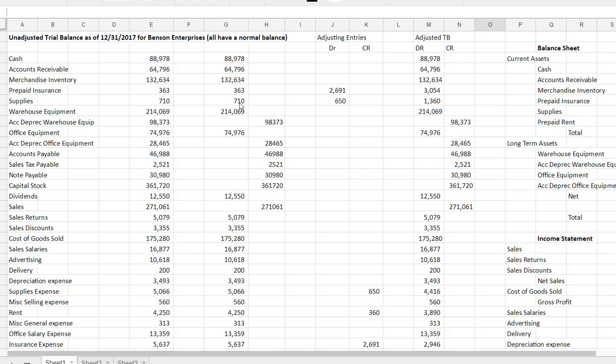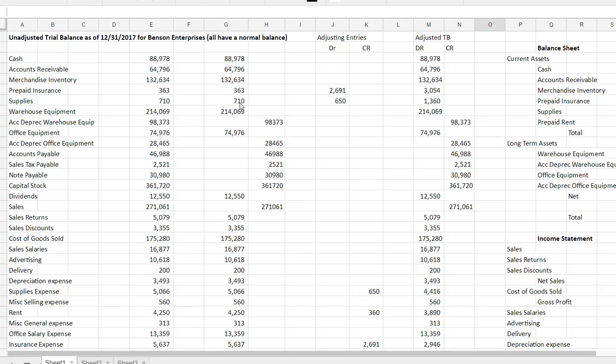So what's been happening when you see that is that when they bought supplies, they were just debiting directly to supplies expense rather than debiting supplies. That's the only way that your supplies listed on your trial balance could be lower than what you have on hand. They can't multiply and get bigger.